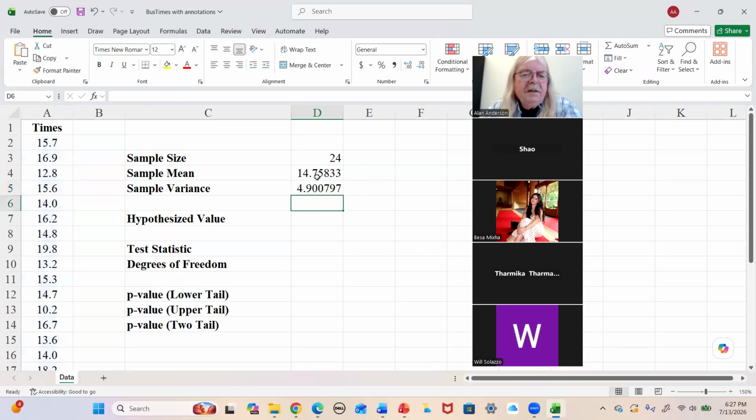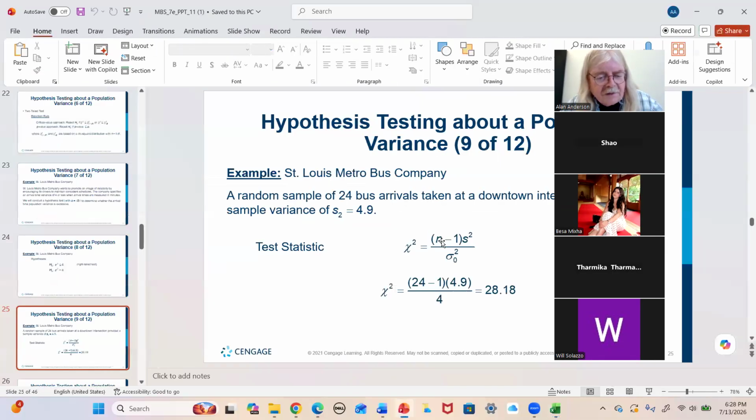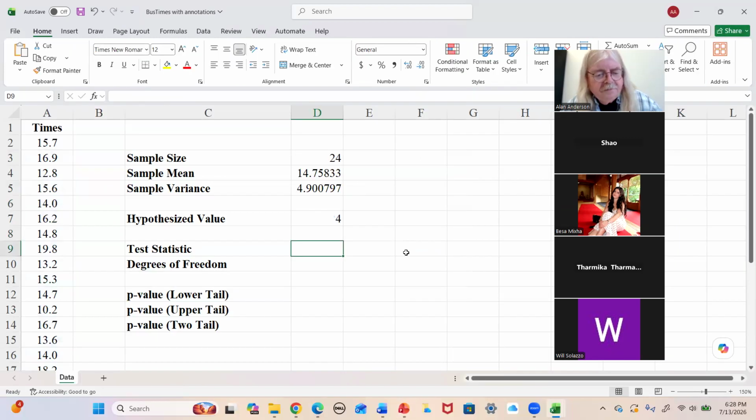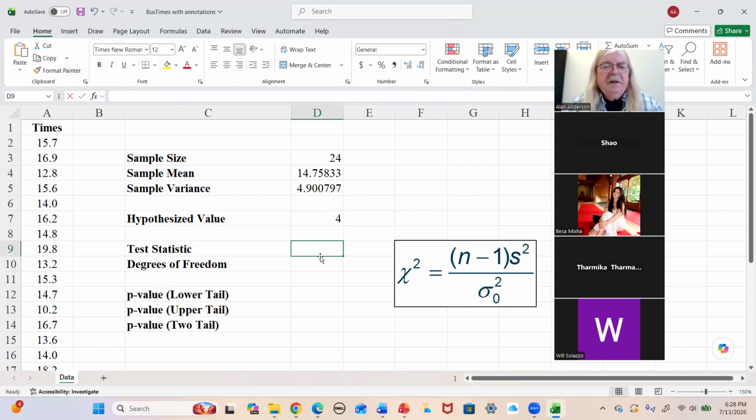All right. Now, the hypothesized value is 4. Okay, that's what we're comparing our results to. The test statistic, again, let me get you a copy of that so we can compare them. And we have n minus 1. Actually, we'll need two parentheses.